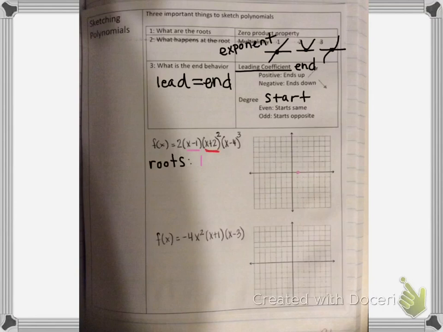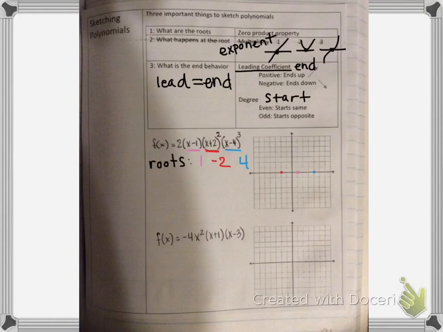This gives us a root of negative 2. And this one gives us a root of 4. And that's pretty normal for what we've done before using that zero product property.